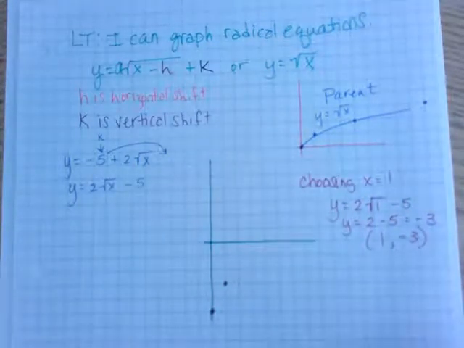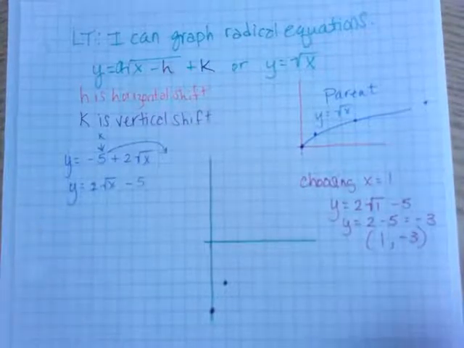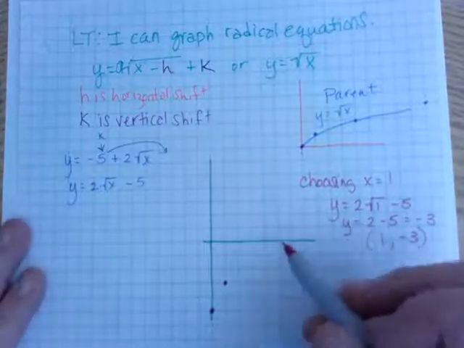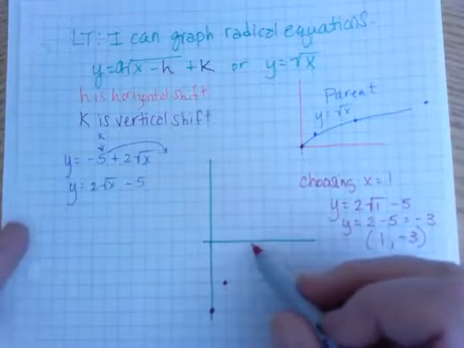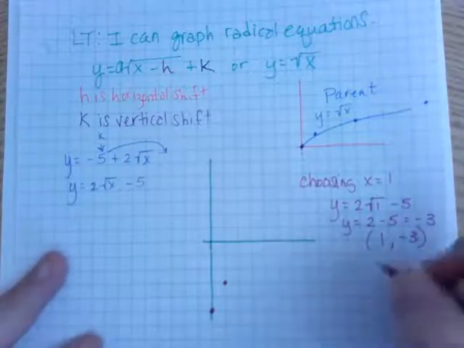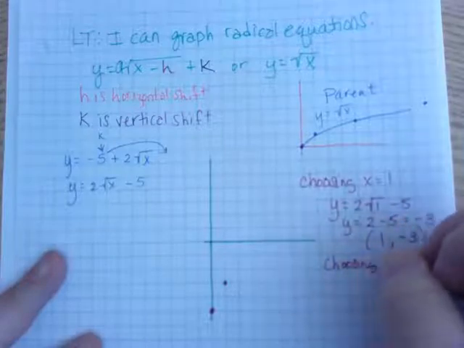For my third point, and I do want you to have a minimum of 3 points, I'm going to choose another x value. This time I'm going to go a little bit bigger, and I'm going to go with 4. So I am choosing x equals 4.